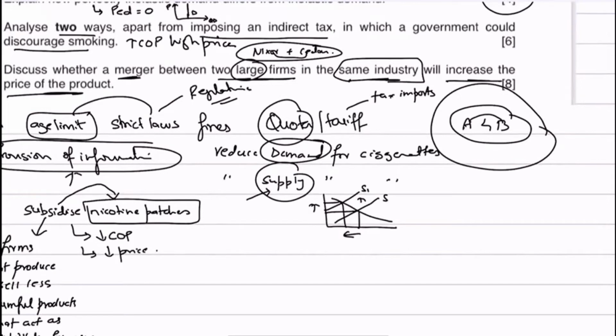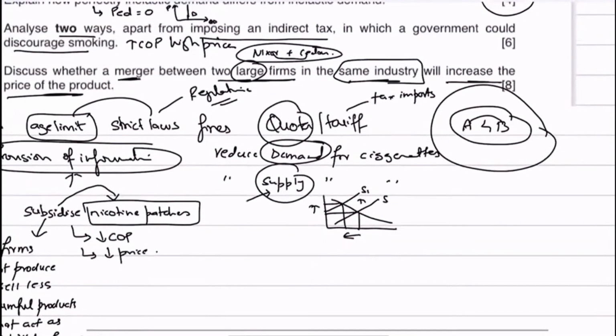They become one firm, and then the competition aspect between themselves ends, and together they become one organization, and they basically try to run the operations in an attempt to maximize combined profits for themselves, right? So the question is asking you, will it increase the price of the product?